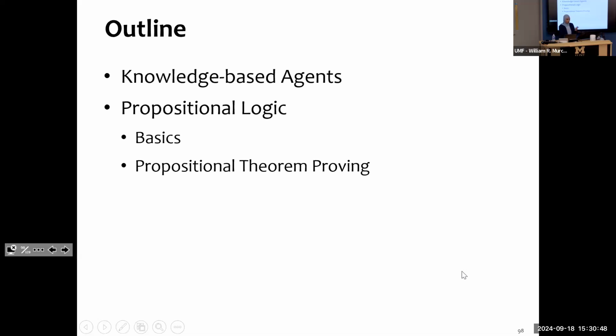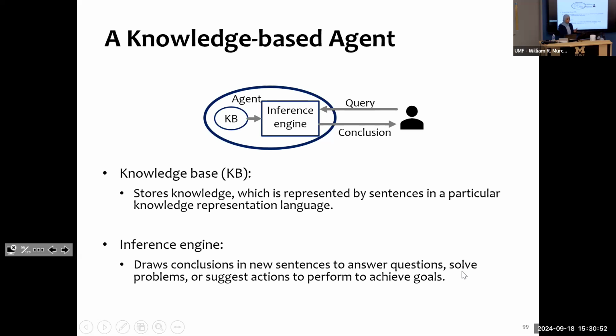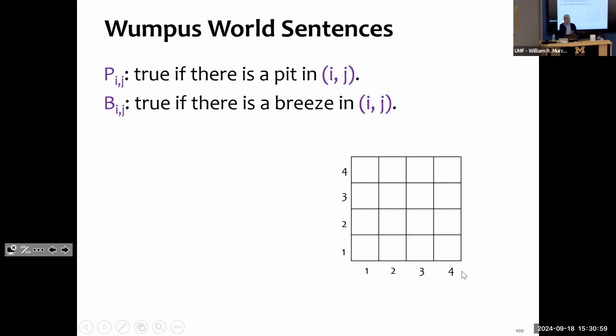Now, once we have that basic understanding of the logic, we are going to think of it in terms of the knowledge base and the inference engine. So let's agree that P of I,G is true if there is a pit in that position I,G.